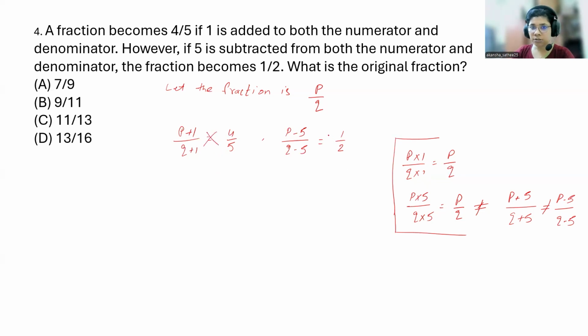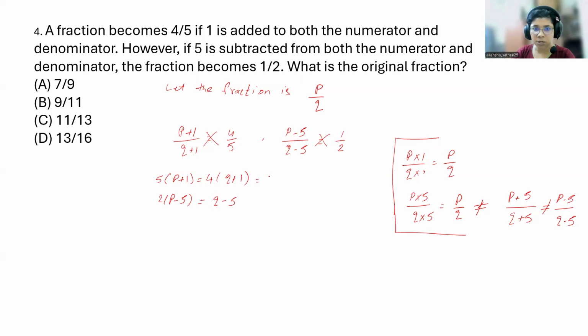Now you do this cross multiplication. If you do cross multiplication, what will you have? So this will give you 5 into (P plus 1) is equal to 4 into (Q plus 1). And this will give you 2 into (P minus 5) is equal to Q minus 5. Just simplify this.